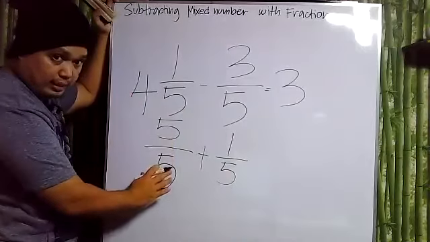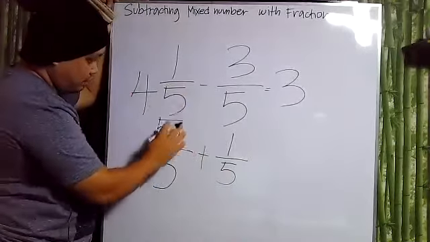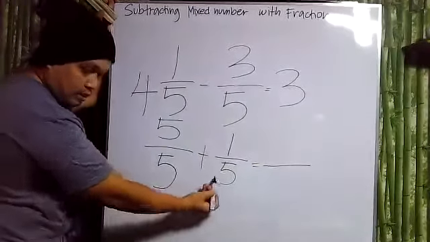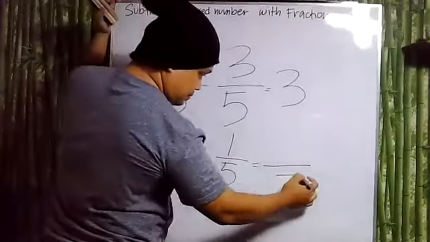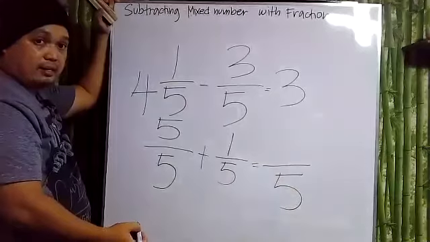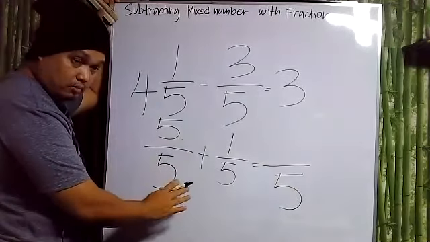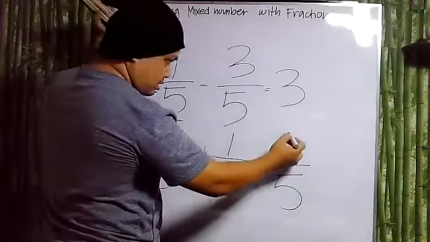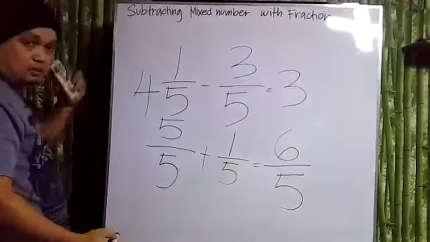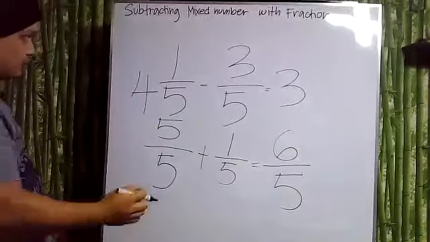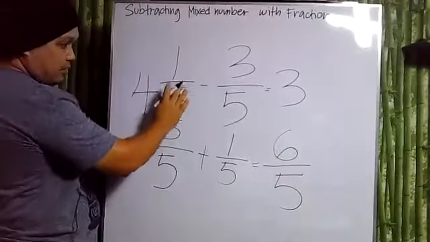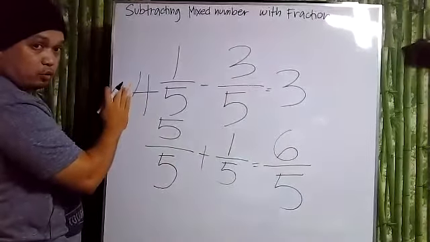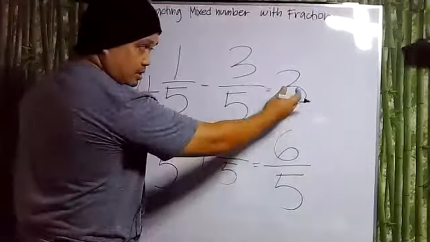So this is 1. Now, let's add 1/5 to 5 over 5, adding similar fractions. Copy their denominator and add their numerator, which is 5 plus 1 equals 6. So it becomes 6 over 5. So 1/5 here becomes 6 over 5 because we borrowed 1 from 4. And because we borrowed 1 from 4, 4 became 3.